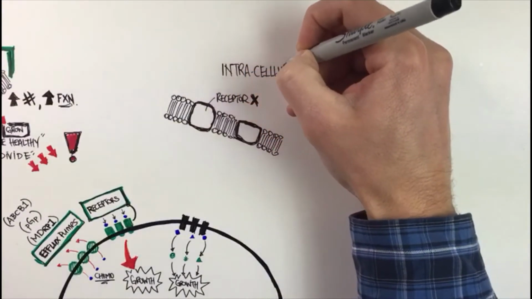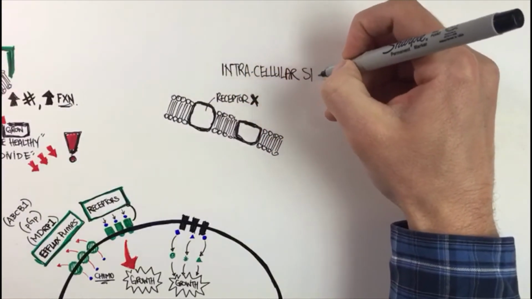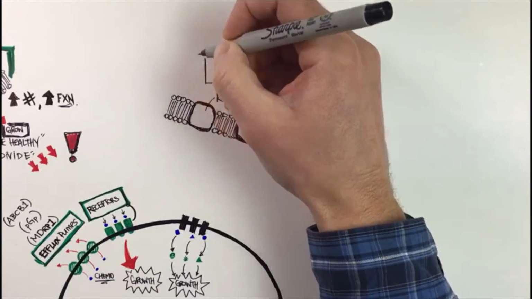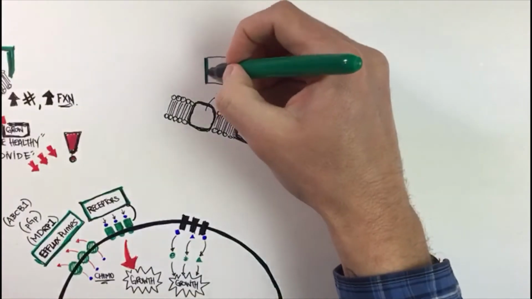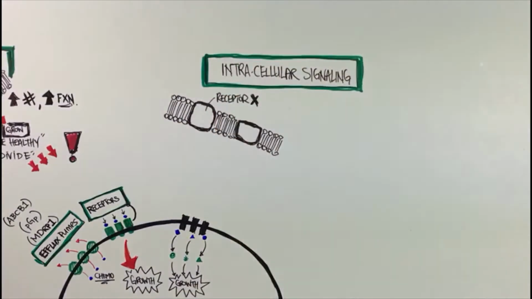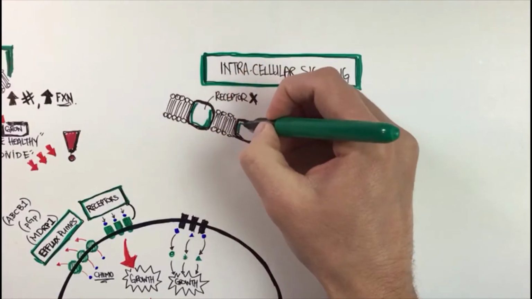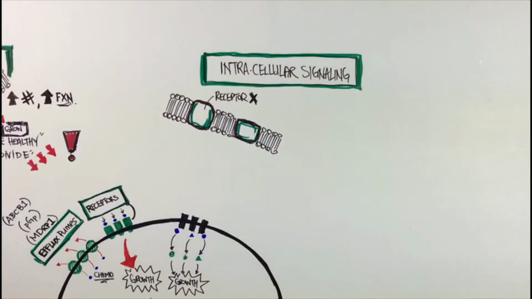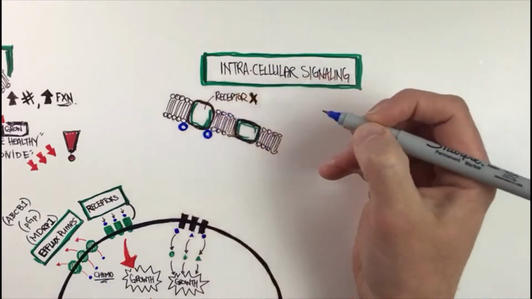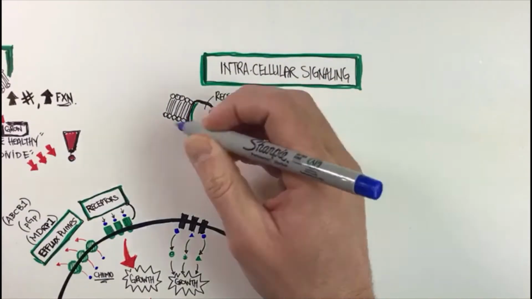And so here's the membrane again, receptor X. And again, this title is intracellular signaling, so we're not necessarily speaking of any specific receptor, but what happens after they get stimulated. So on the internal aspect of these receptors, you're going to see me draw some little blue circles. And these are the immediate signaling molecules that first communicate that a receptor has been turned on from the outside.